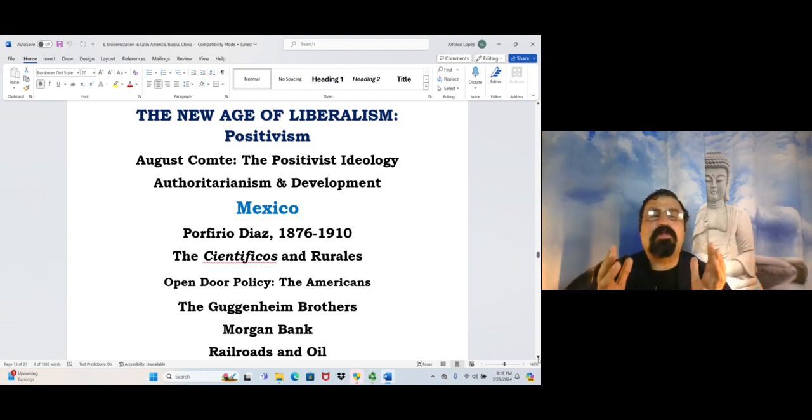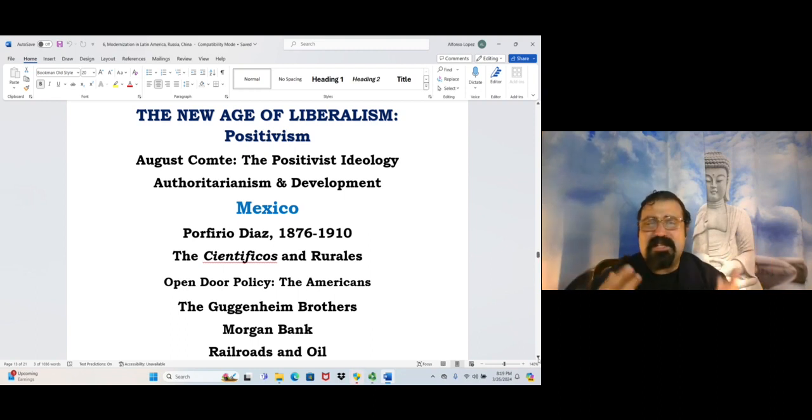Again, an authoritarian regime, that we need a strong hand, somebody that will govern the country with an iron fist and maintain order. And out of order, you can actually develop an economy.